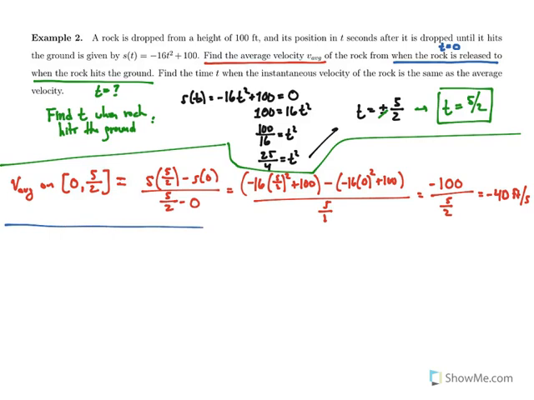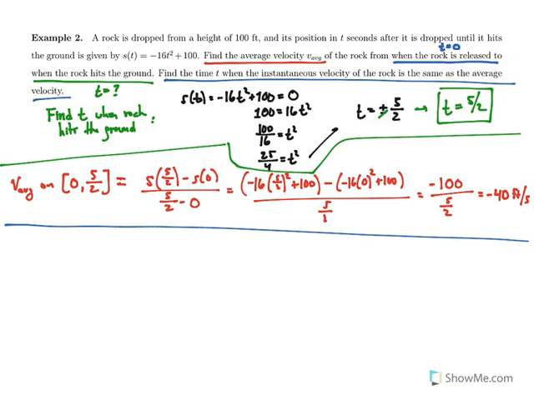All right, so next question. Find the time t when the instantaneous velocity of the rock is the same as the average velocity. And we know that this time exists because of the mean value theorem. We know that there is going to be a time when the instantaneous velocity is equal to the average velocity, so we can just find it. And we can do that by finding a formula for the instantaneous velocity, which is the derivative.